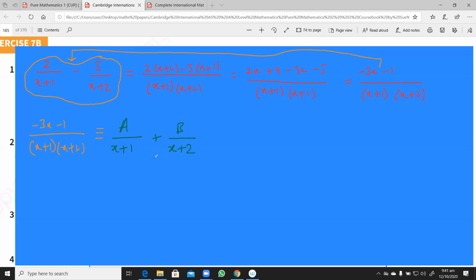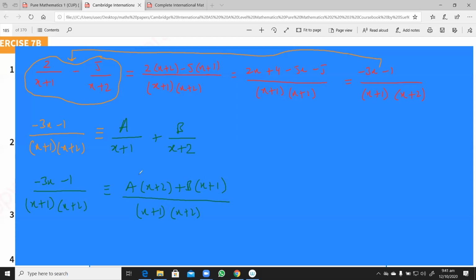That is your first level of the partial fractions. Now you will take the LCM, and this will become minus 3x minus 1 over x plus 1 into x plus 2, identical to a into x plus 2 plus b into x plus 1. Okay, so I have just taken the LCM.